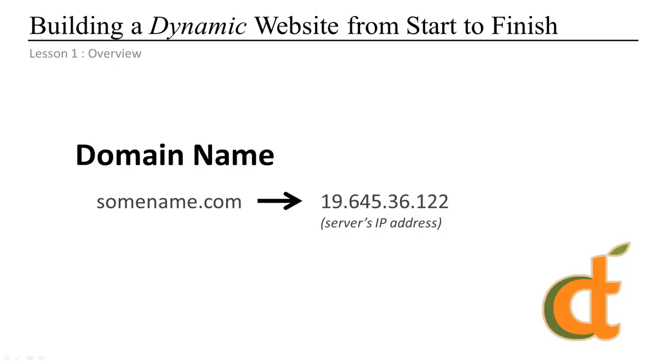But either way, that's how we got to domain names, and not only is it easier to remember, but you can make a lot more money off of a name than a number.